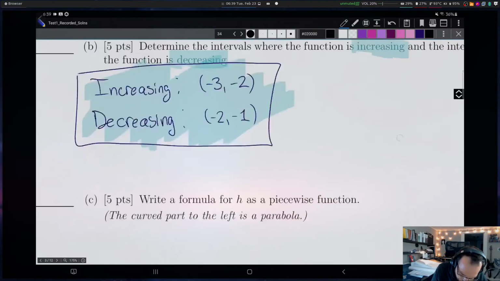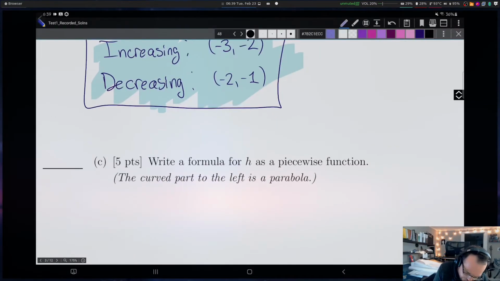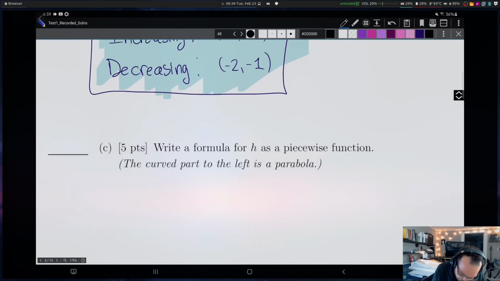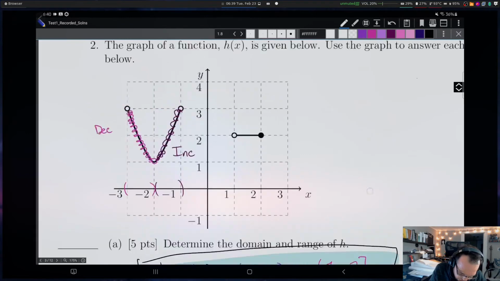Okay, so let's talk now about this question here, which is write a formula for h as a piecewise function. They're giving us a hint here that the curved part on the left, that piece of the graph, was a parabola. Let's erase this so we don't clutter it up too much.